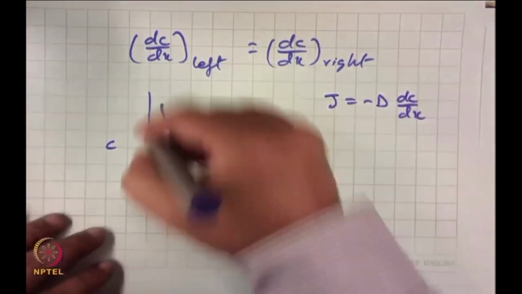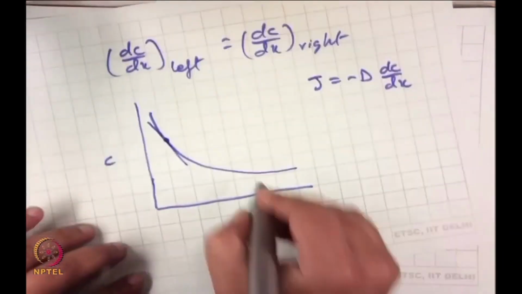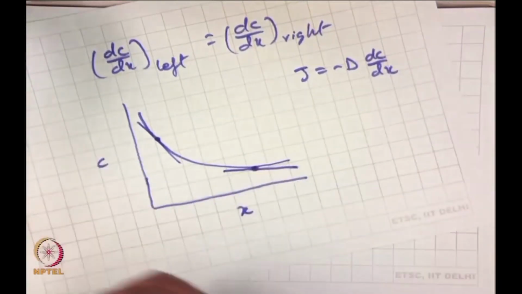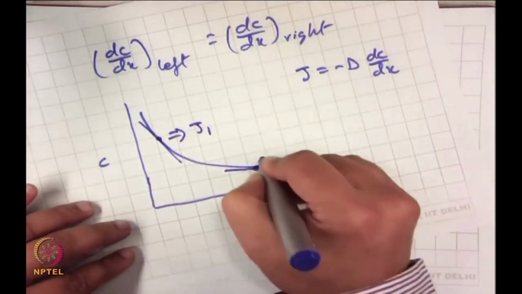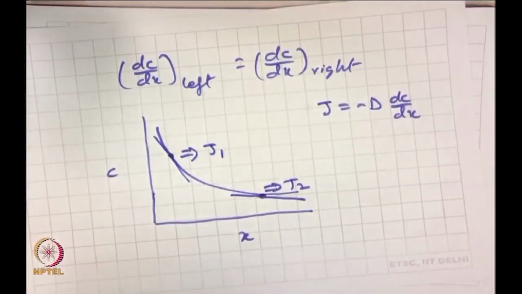Okay. So, think about a point here, and say think about a point here. Here you have J1 and here you have J2. So, where is the flux more? Remember D is the same. So, where is the flux more?